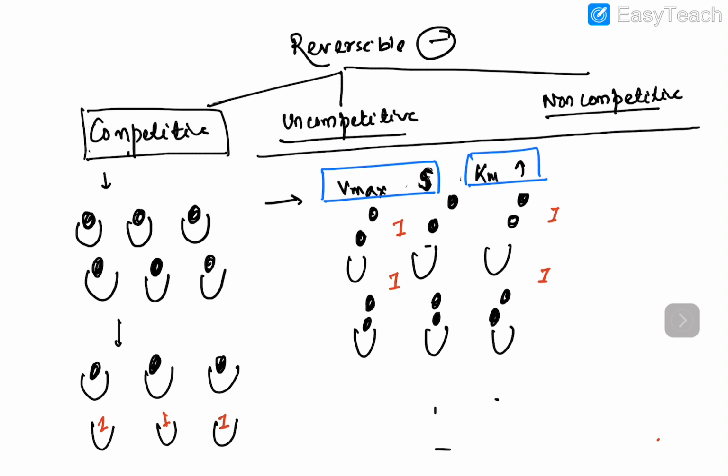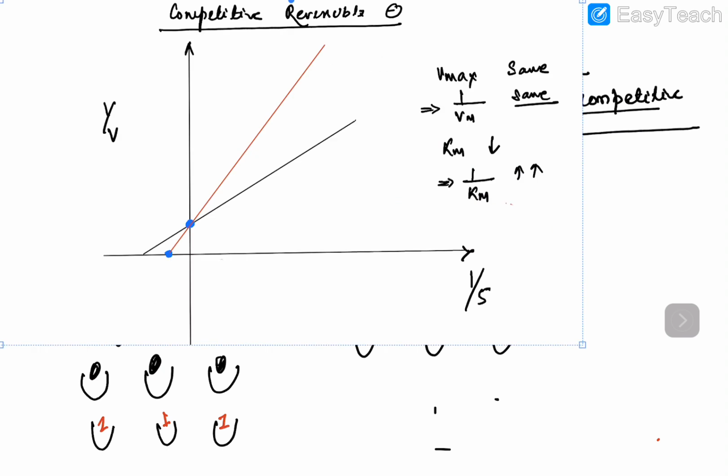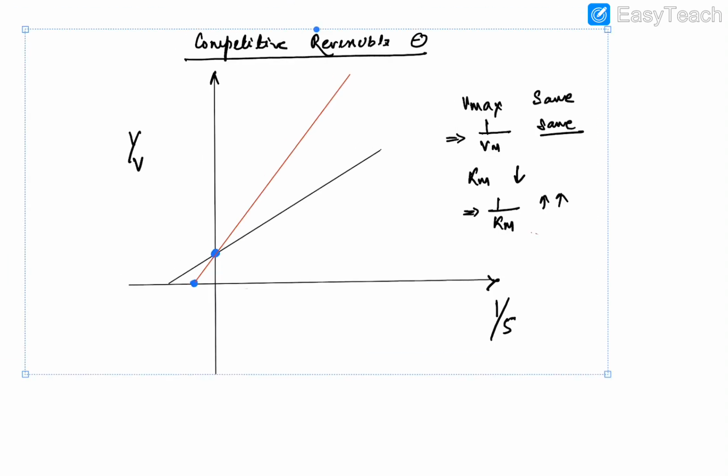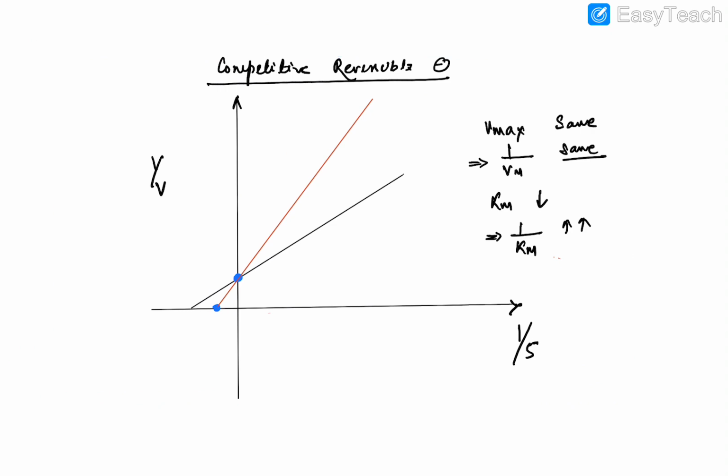Now if we plot this in the Michaelis-Menten, Lineweaver-Burk equation, let us take a new whiteboard. If we are plotting it in a Lineweaver-Burk plot, it will look like this. As we already discussed, the Vmax is the same. So the 1 by Vmax is going to remain the same.